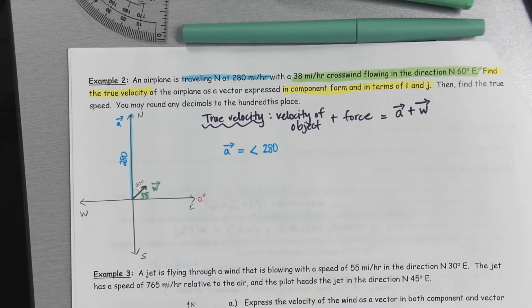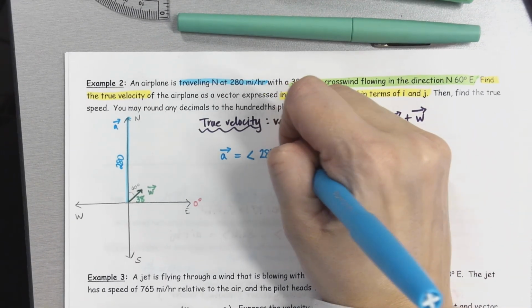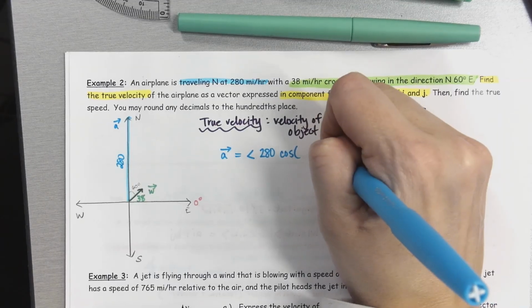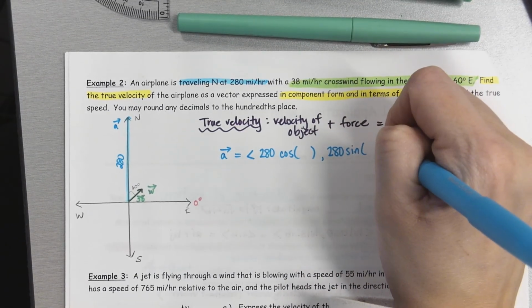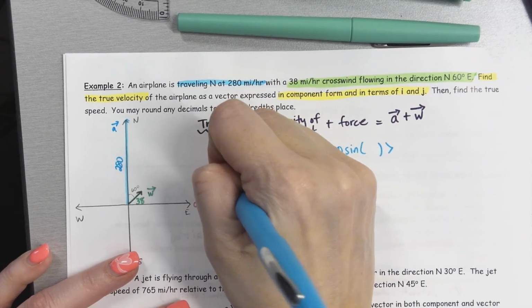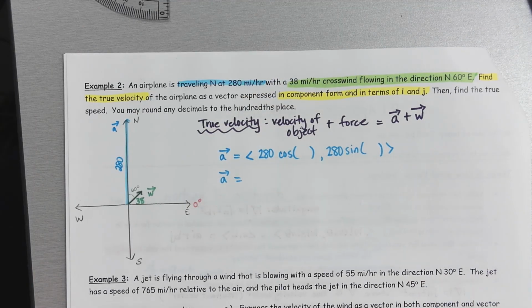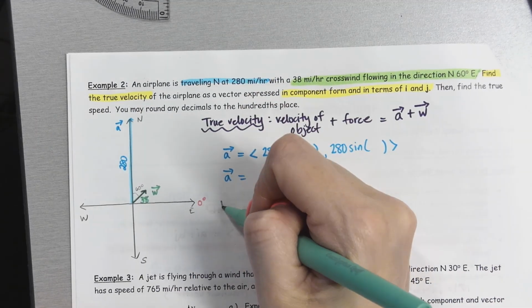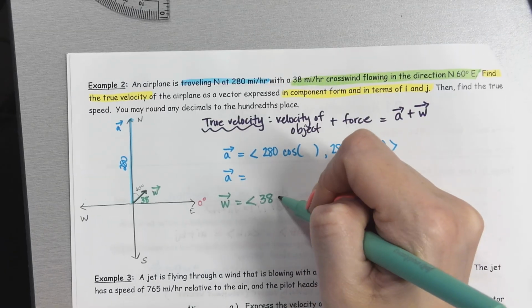Okay, so the magnitude is the speed. I'm going to do the cosine of the angle and the sine of the angle. And we'll simplify that together. And then for your wind, your magnitude is 38.